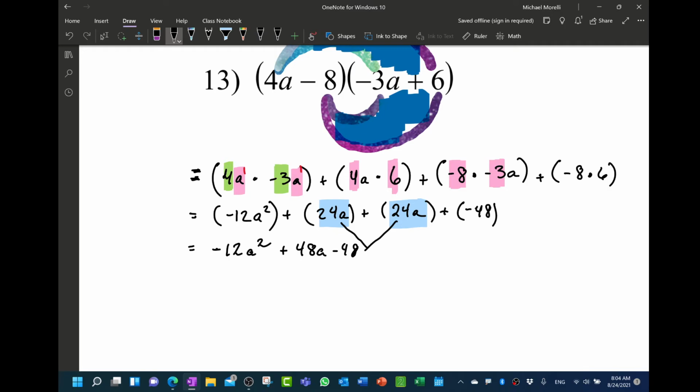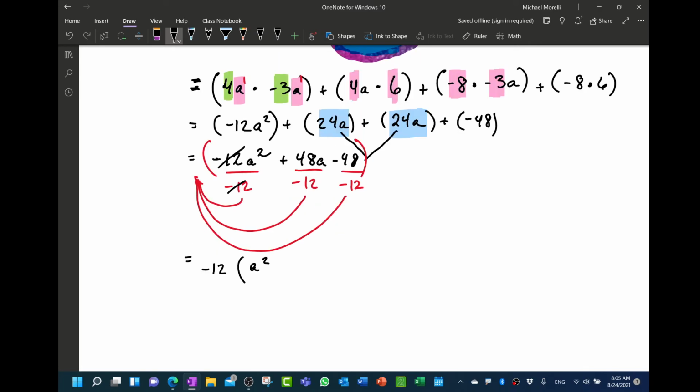So these cancel. I have negative 12 here. And inside the parentheses, I just have a squared. Now 48 divided by 12 is 4. So 48 divided by negative 12 is negative 4. I'm not doing anything with the a, so it's going to be minus 4a.